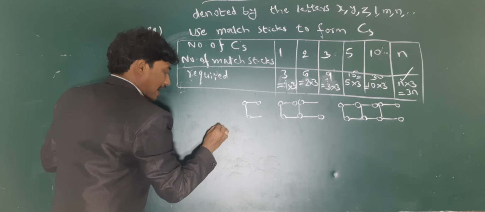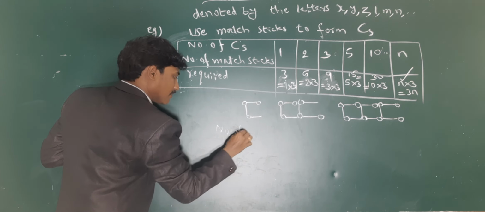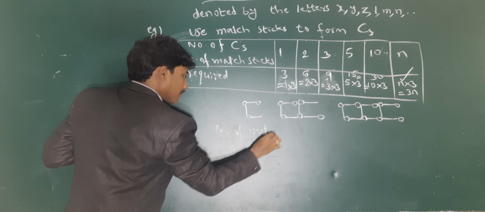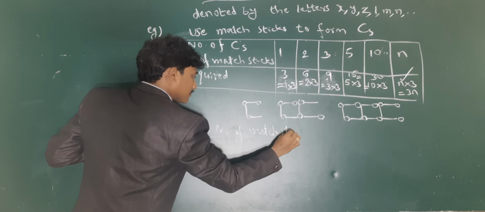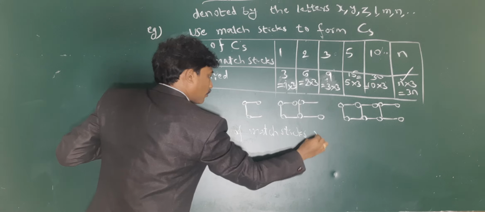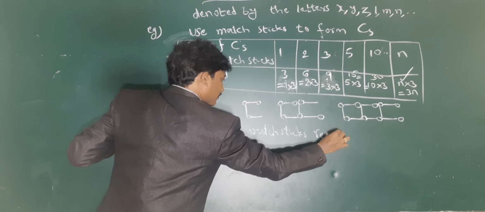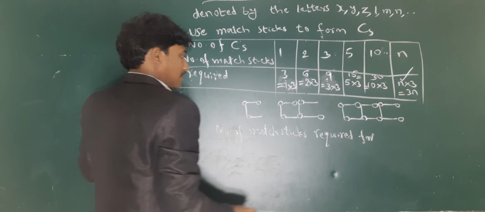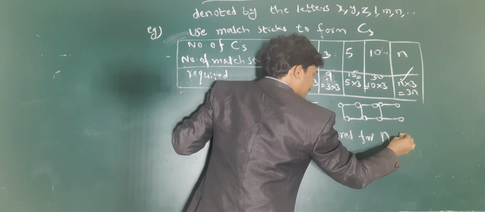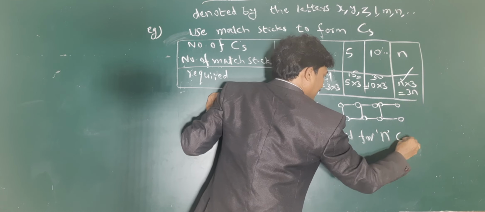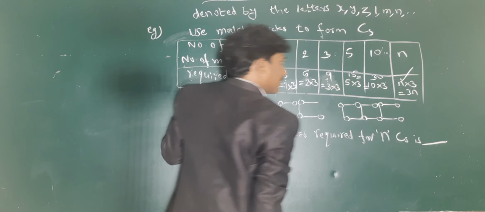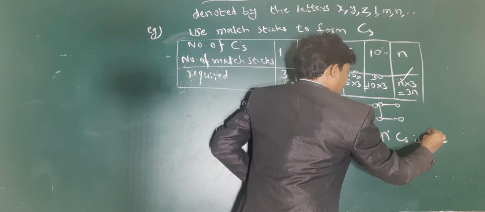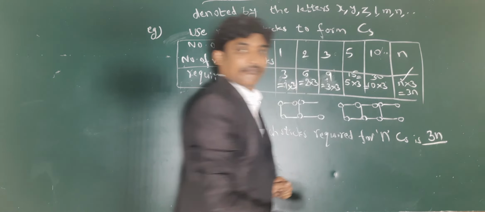So the number of matchsticks required for n C's is 3 into n, that is 3n.